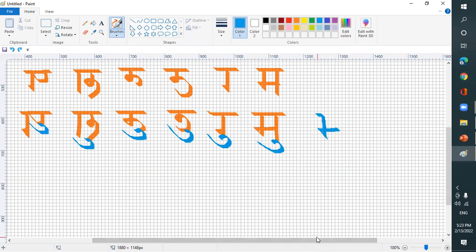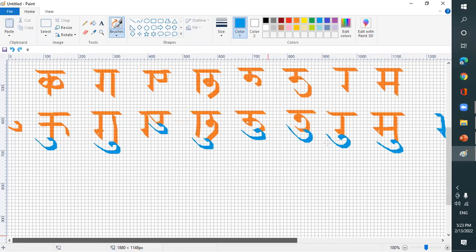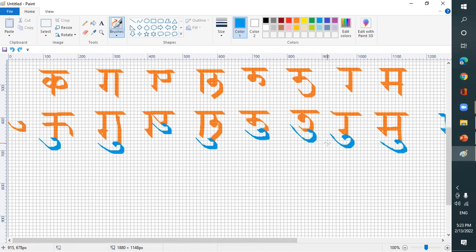Only these 8 alphabets follow this particular rule of the spatial u and u. Now ru, whatever I showed you here, ru is written this way, and there is another way to write ru which I will show you. It is very important for students to know that, like this. This is ru. It's just another way to write ru in Sharada Lipi. If I have to show it once again, it's like this, ru.